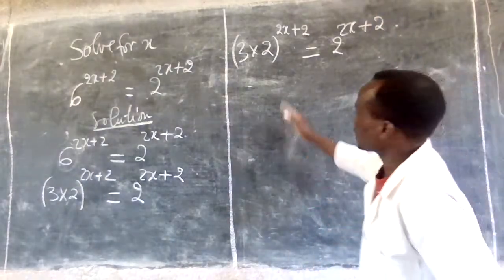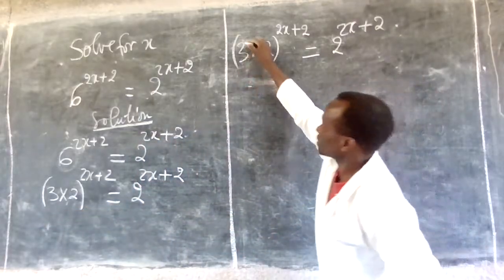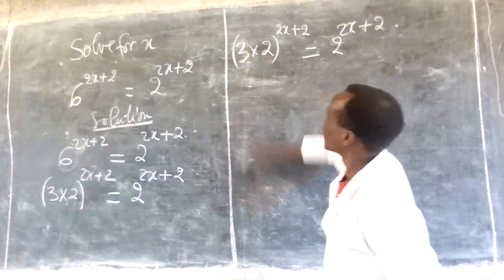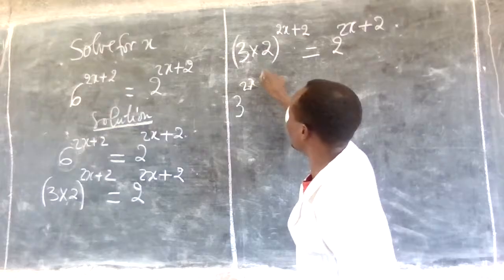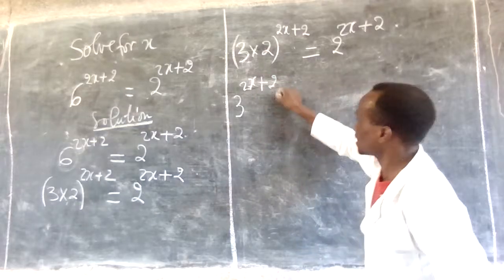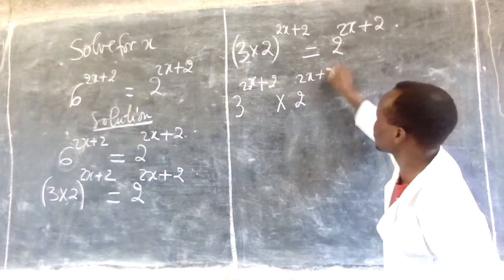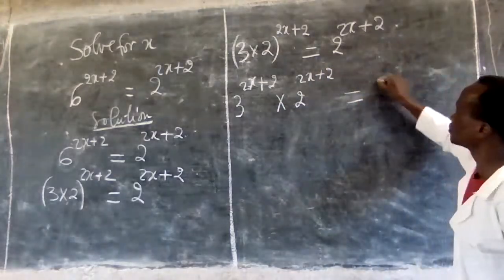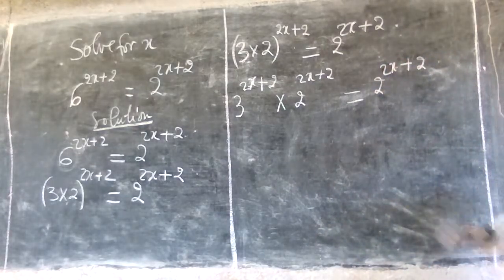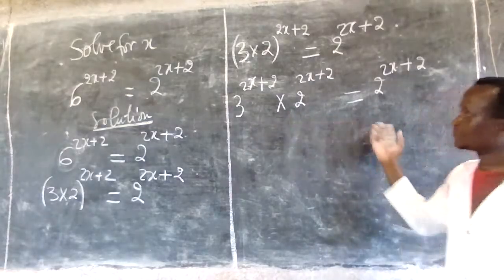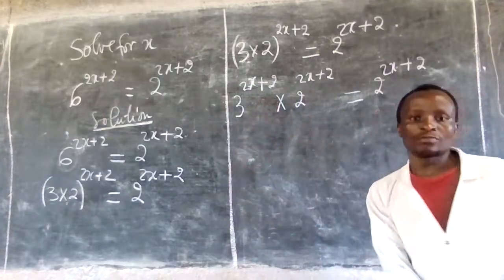Now, as I told you at the last line, we are going to take this 3 and power this one. We take 3 power 2x plus 2 times 2 power 2x plus 2. It is equal to 2 power 2x plus 2. Now, think about what you are going to do for the next step. Observe this equation and think what we are going to do.